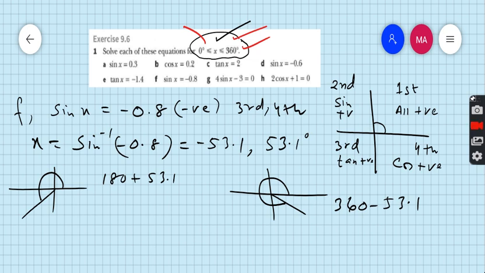So with the help of a calculator, 180 plus 53.1 is 233.1, and 360 minus 53.1 is 306.9.